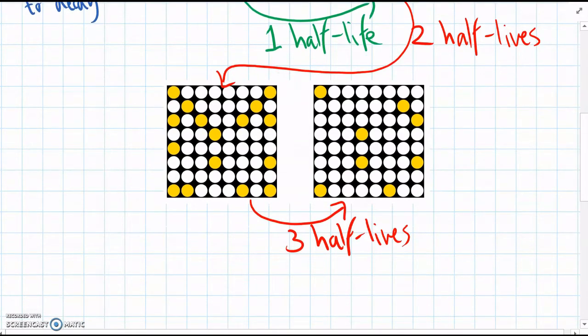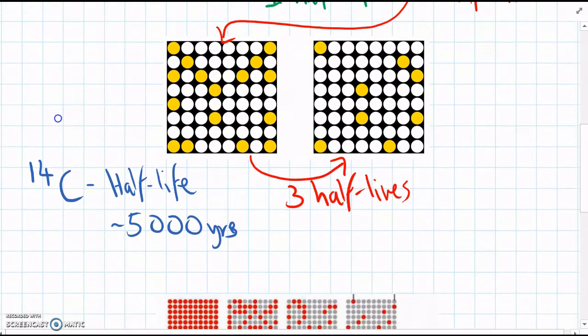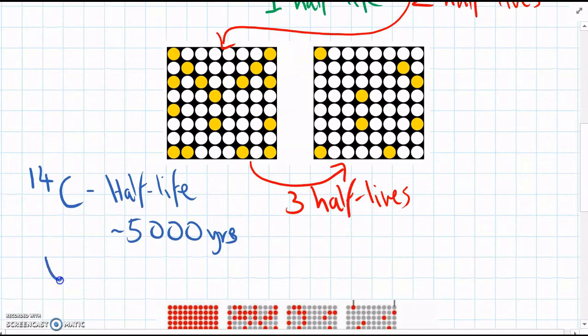So the half-life of different radioactive isotopes can differ a lot. We've seen carbon-14 before, and its half-life is about 5,000 years. Whereas something like uranium-238, its half-life is 700 million years.